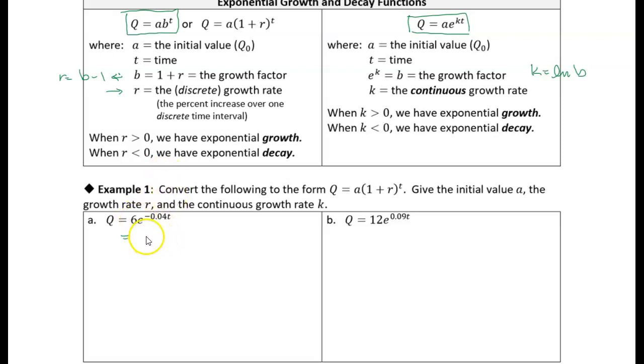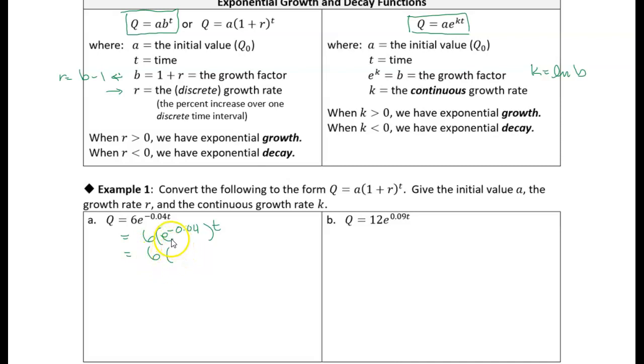So we can actually rewrite this as 6 times e to the minus 0.04, all to the t, just using the rules of exponents. And then you can see that this e to the minus 0.04 is just a constant, so we can calculate what that is.